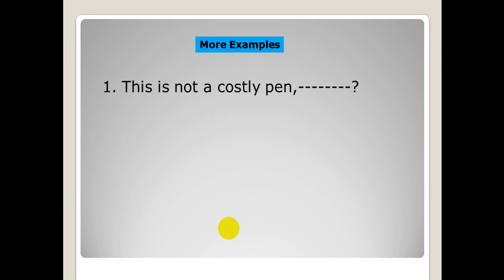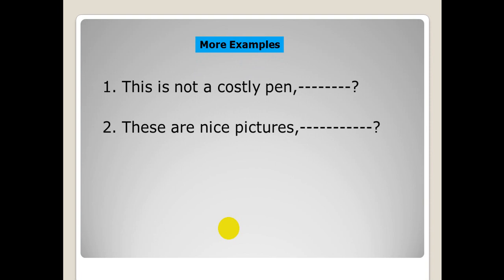This is not a costly pen. These are nice pictures. Look at the first sentence. The helping verb is is, and of course the statement is negative, so the tag is affirmative, and the pronoun of this is it. Look at the second one.